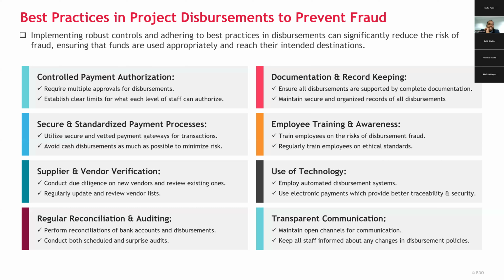The second one is having a secure and standardized payment process. So this is utilizing secure and vetted payment gateways for transactions. One instance that we've seen is a particular nonprofit where they get money, for example, in USD, they get money in dollars, but we're obviously in Kenya, so they need to convert the money to Kenya shillings.